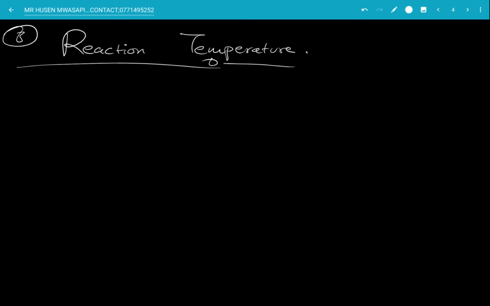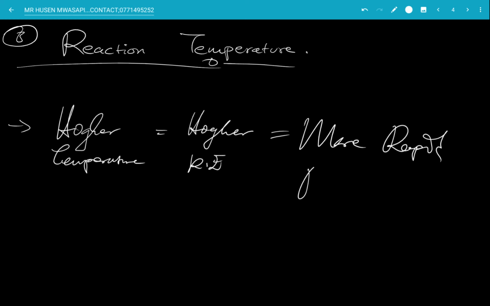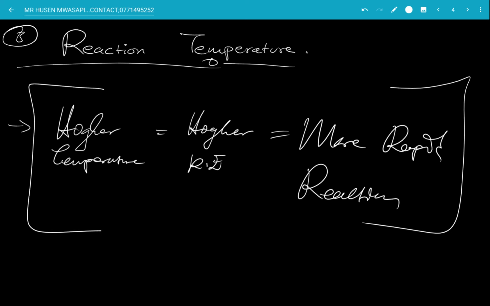So this implies that the higher the temperature, the higher the kinetic energy, because kinetic energy is what allows particles within a particular state to move either fast or slow. That's in terms of the level of kinetic energy. So the more kinetic energy, the more rapid the reaction will be. So this means that the higher the temperature, the higher the reaction rate.